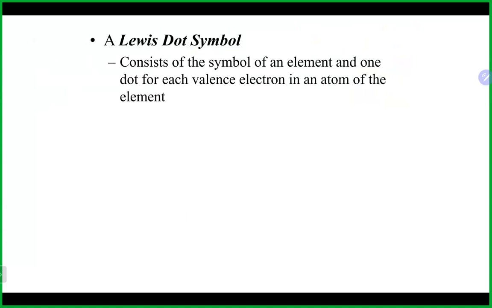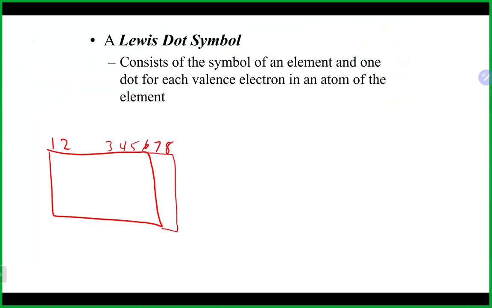On your periodic table, the group number equals the number of valence electrons. So everybody in group 1 has 1, 2, 3, 4, 5, 6, 7, 8. These are the normal representative numbering of a periodic table.